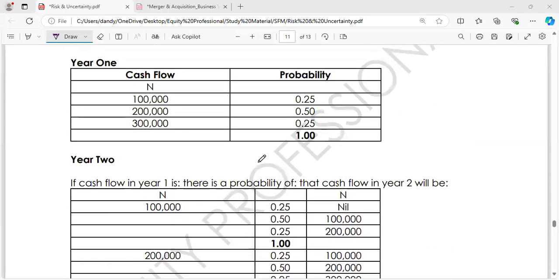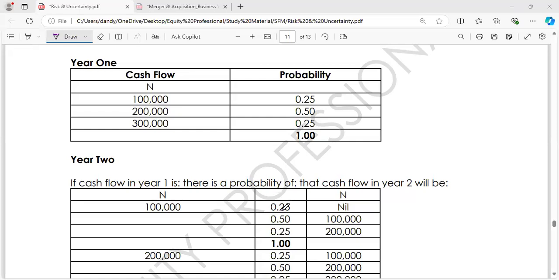So when you look at the cash flow in year 1, it is easier for me to calculate expected value. But when you look at the cash flow in year 2, it's not the same thing because there are conditions given in that year 2. Therefore, I cannot use the expected value method to compute my NPV. In this case, I have to use the decision tree to estimate the expected NPV.